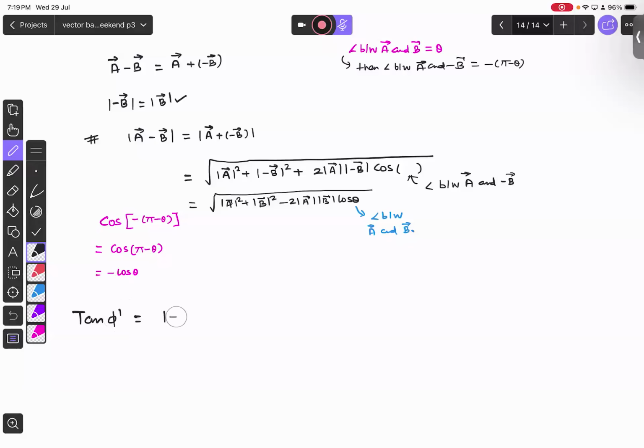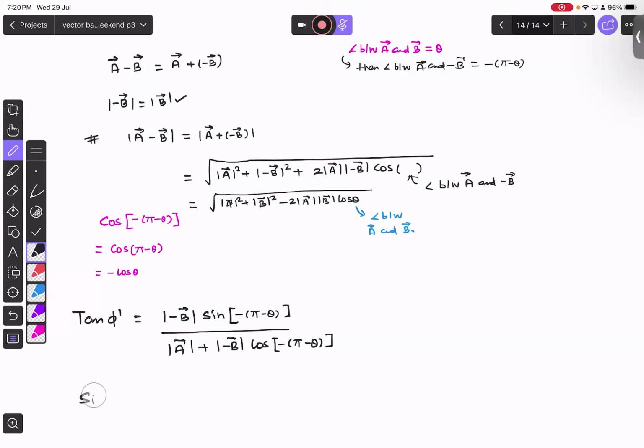So that will be equal to minus B sine of minus of pi minus theta by modulus of A plus modulus of minus B into cos of minus of pi minus theta.